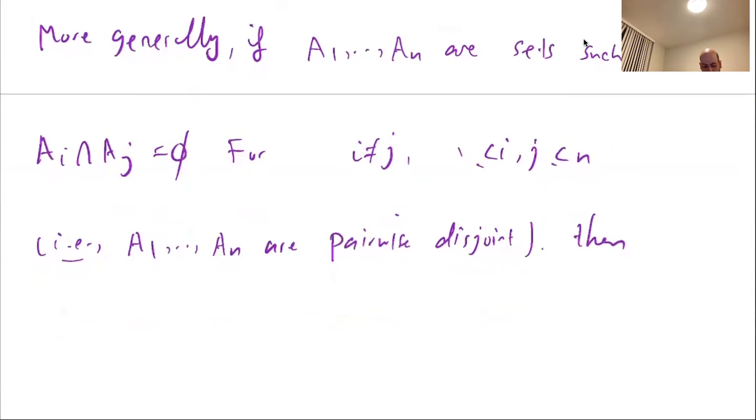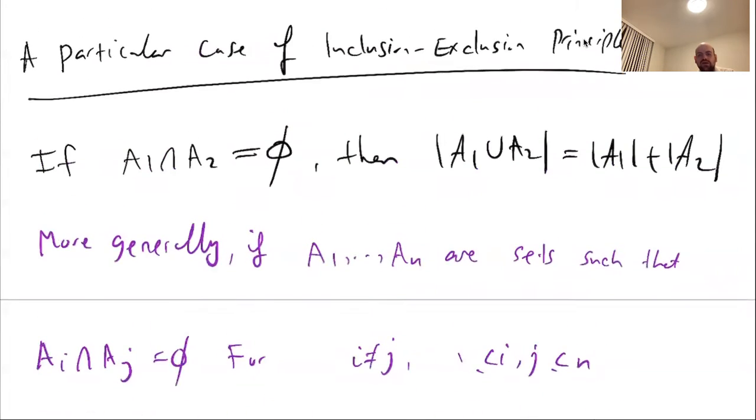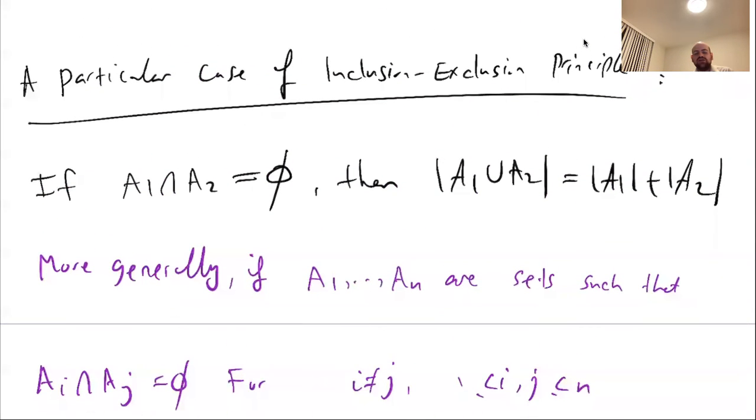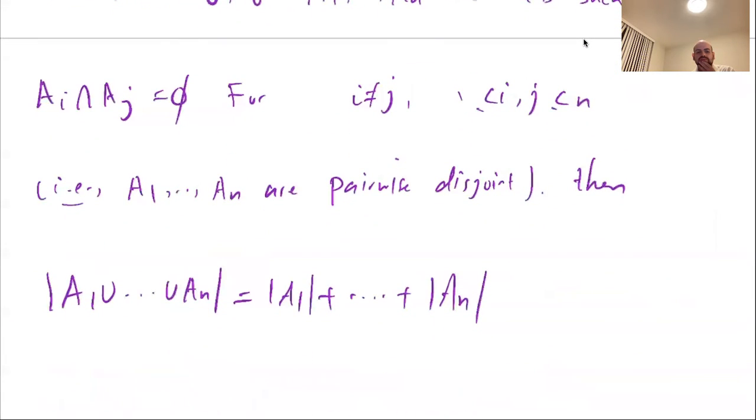Then we can say that the number of elements in A1 union to AN is the number of elements in A1 plus ... plus the number of elements in AN. So if there is no intersection between any two of them, then the number of elements in the union will be the sum of the number of elements.